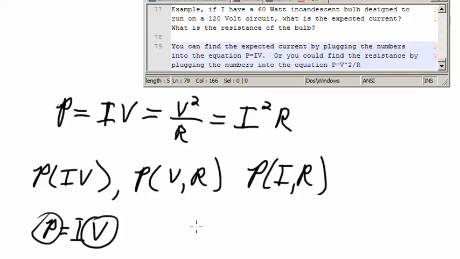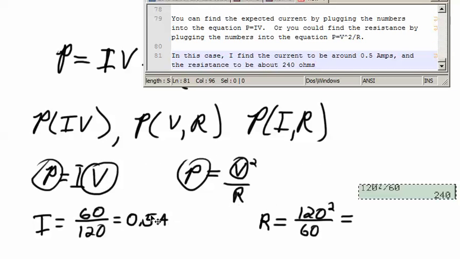Or you can find the resistance by plugging the numbers into the equation power equals voltage squared over R. In this case, I find the current to be about 0.5 amps and the resistance to be about 240 ohms.